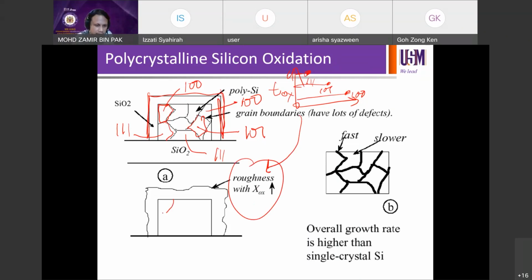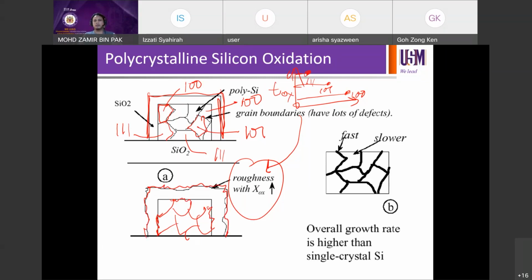Because the silicon is polycrystalline, the growth rate here is different from here, and different from here, depending on the crystalline orientation, of course. Due to this random nature of the polycrystalline, you're going to get quite a rough oxide thickness across.